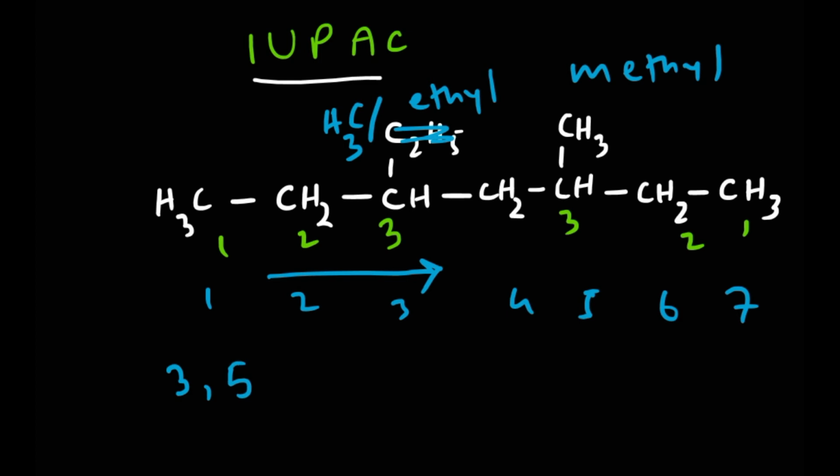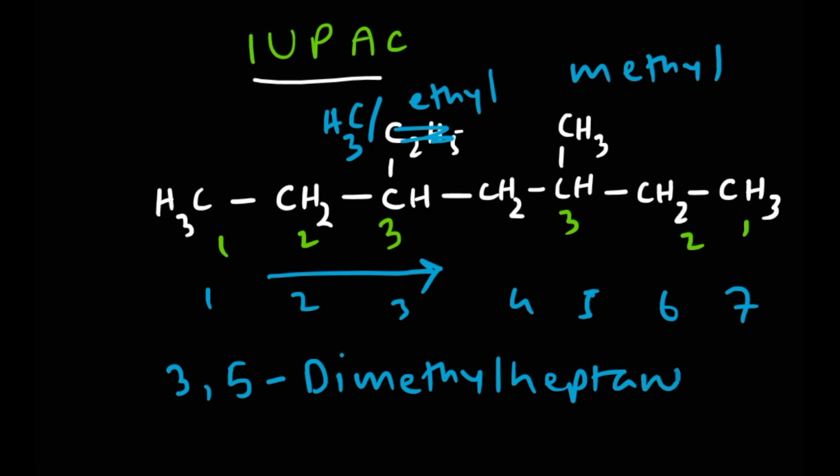I am writing this because it may be confusing how to write if the same alkyl group is present in different positions. Then we should write di, tri, etc. So here it will be 3,5-dimethyl. Very simple.